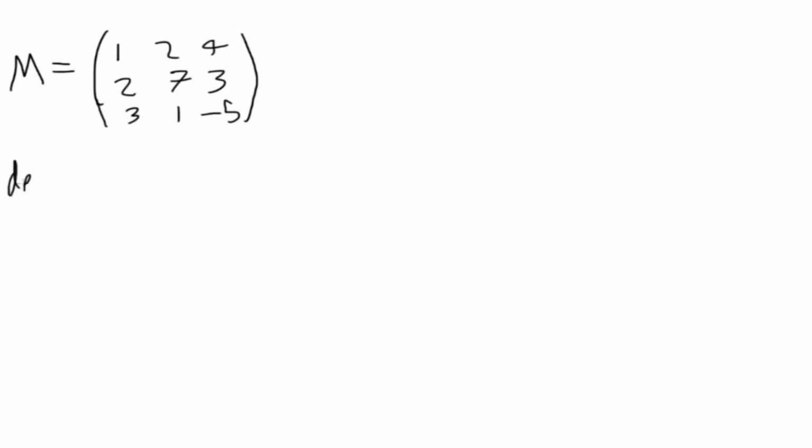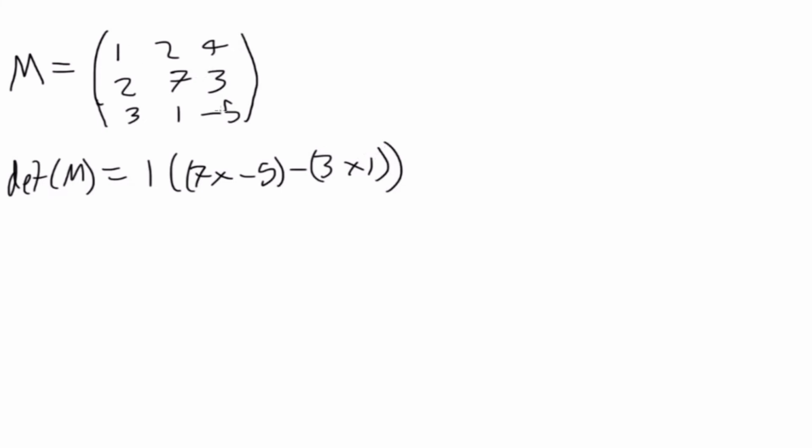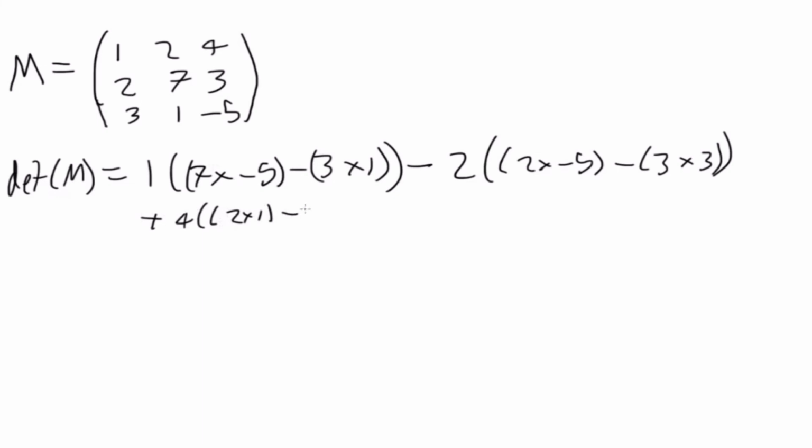So the determinant of M equals 1 times the determinant of this, 7 times minus 5 minus 3 times 1. Then minus 2 times the determinant of these two rows, which is 2 times minus 5 minus 3 times 3, and then plus 4 times the determinant of this little box, 2 times 1 minus 7 times 3.